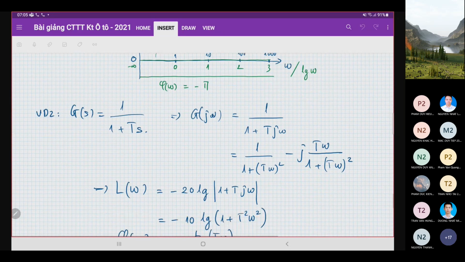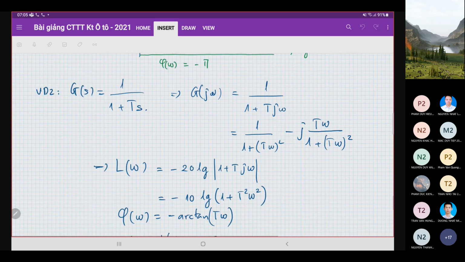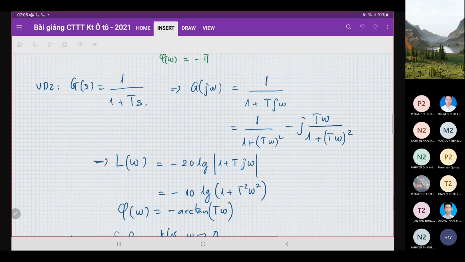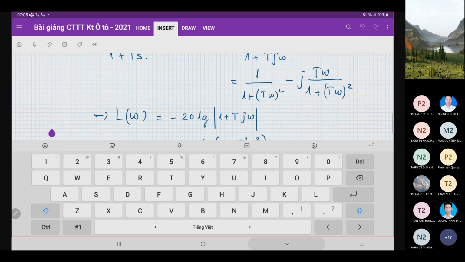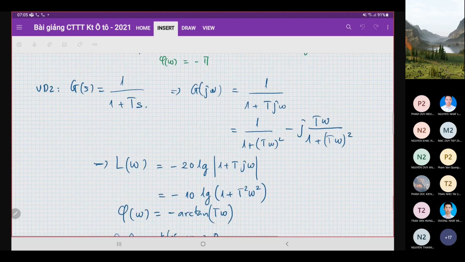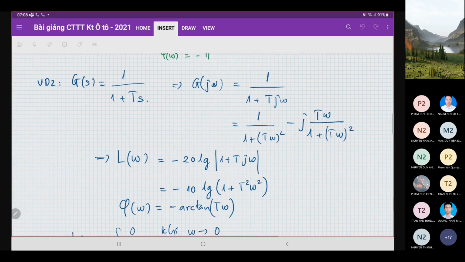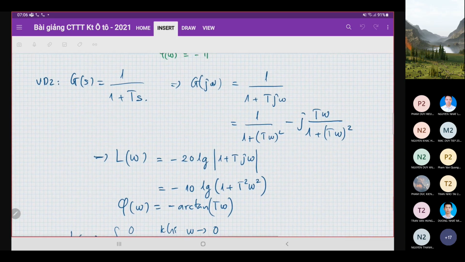And the second example we already did is the first order system. Okay, G(s) equal to 1 over (Ts plus 1). That means we have G(jω) equal to 1 over (1 plus Tjω).